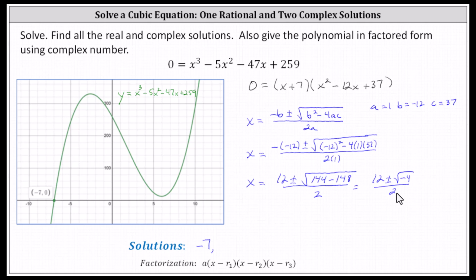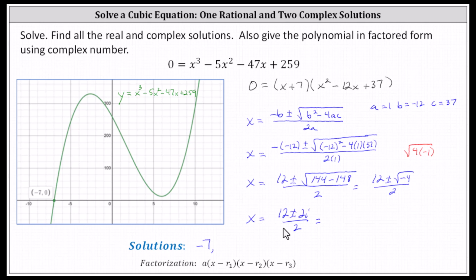Recall the square root of negative 4 equals the square root of the product of 4 and negative 1. The square root of 4 is 2. The square root of negative 1 is i, giving us x equals 12 plus or minus 2i, all divided by 2. We need to be careful when simplifying here. We cannot just simplify the 12 and the 2 because we cannot simplify across addition or subtraction.